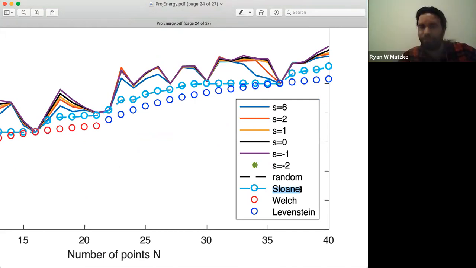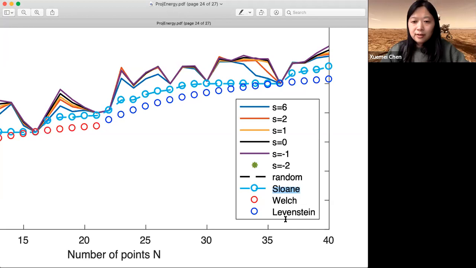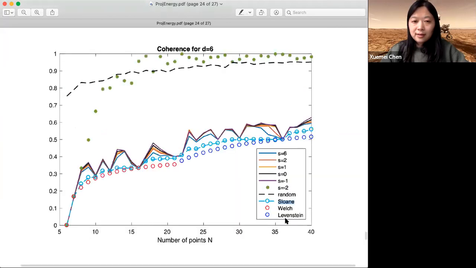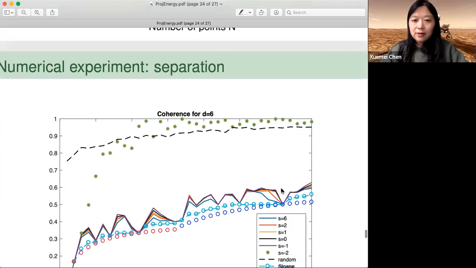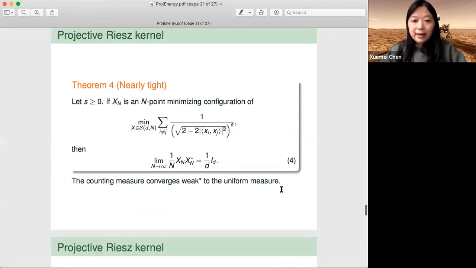Other questions? I have a question, maybe it's a stupid one. In the first slide, you use the convexity property, and you use it in the proof. Do you use it for some other reasons too? So the convexity, you mean earlier?